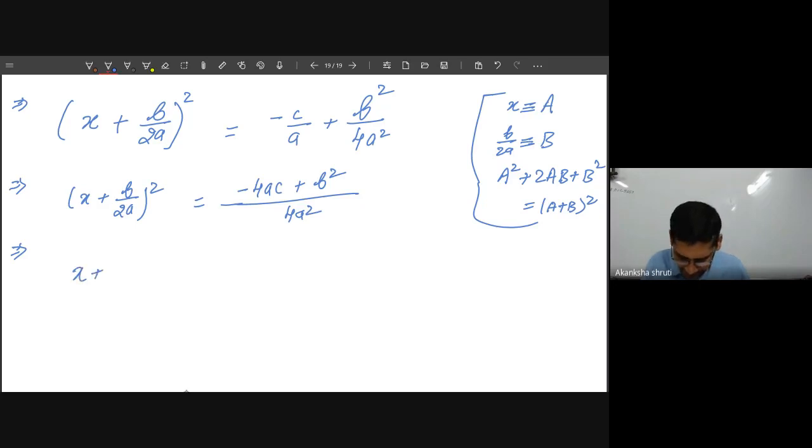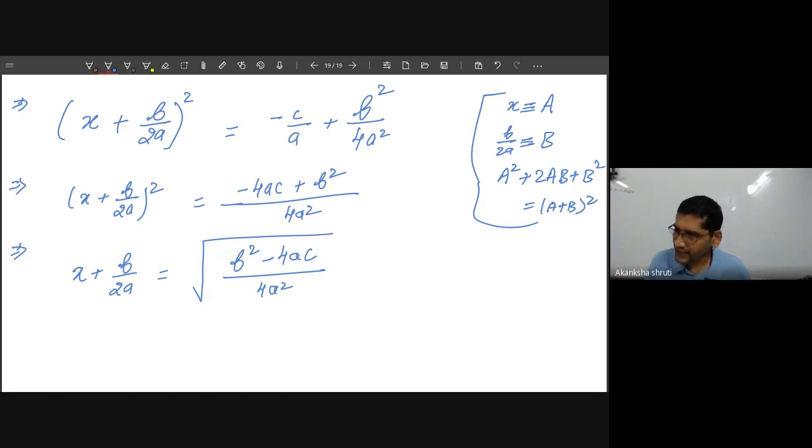So x plus b by 2a is equal to, just rearranging this, b square minus 4ac by 4a square. Student, on the left hand side it was a square, so on the right hand side we will convert it into a square root.